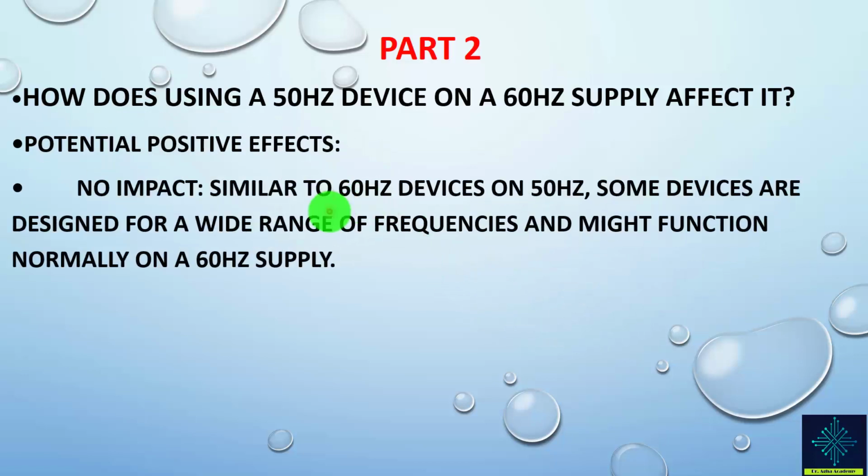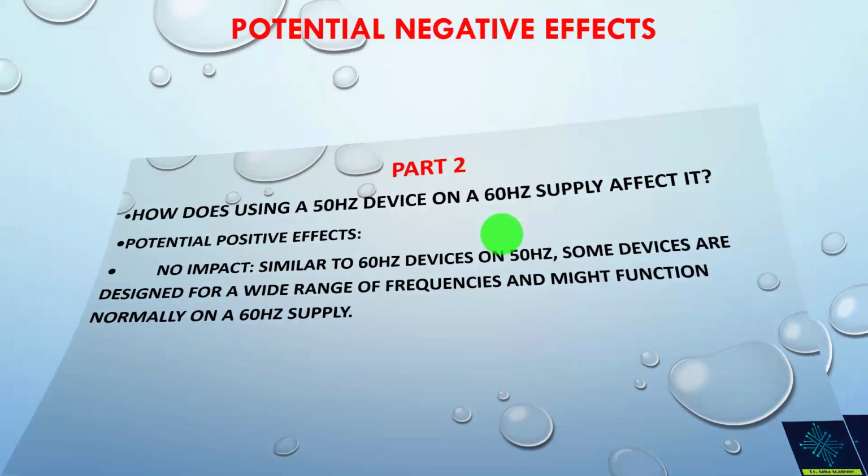So again, the same logic applies. We might have no effect or some potential positive effects, where the device would operate normally, because it's already designed to work within the normal range between 50 and 60. But this is not the issue that we want to discuss now.